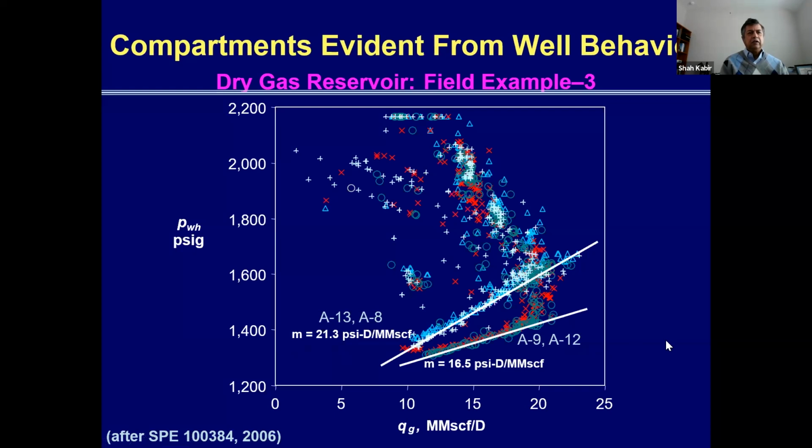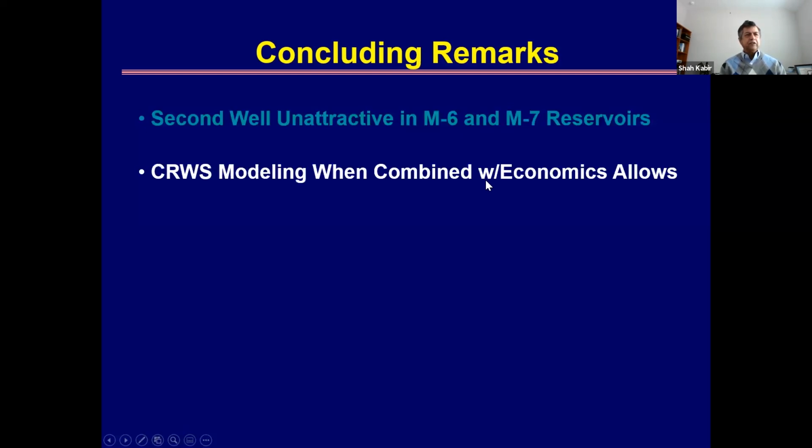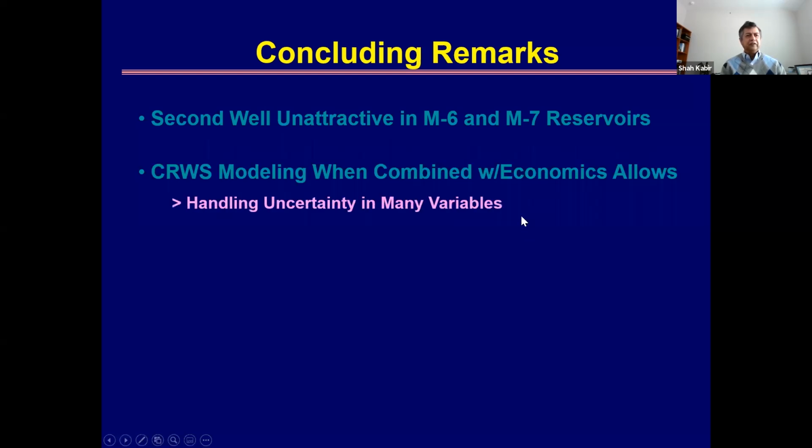Okay, so let me summarize. We found that the second well was unattractive for these two reservoirs, M6 and M7. When you do the combined reservoir, wellbore, and surface network modeling, and combine it with economics, then you can learn the whole story. So we can handle uncertainty in many variables.